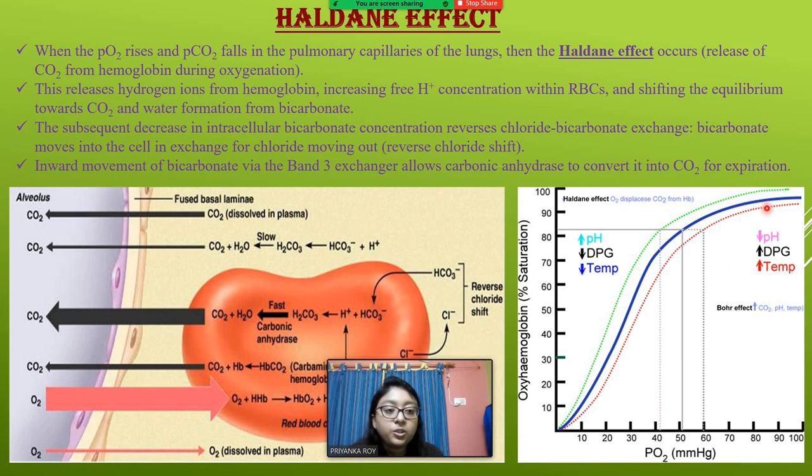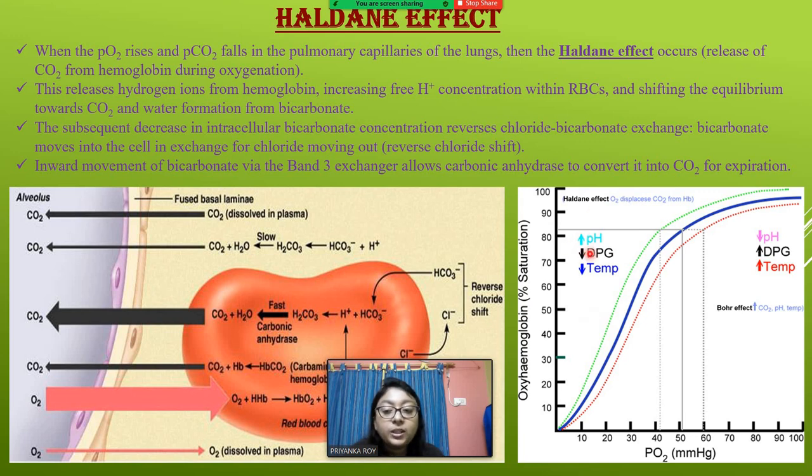The oxygen dissociation curve will shift to the right in the case of the Bohr effect, where oxygen affinity decreases, and the Haldane effect is increasing the oxygen affinity of hemoglobin, so the curve will shift towards the left.